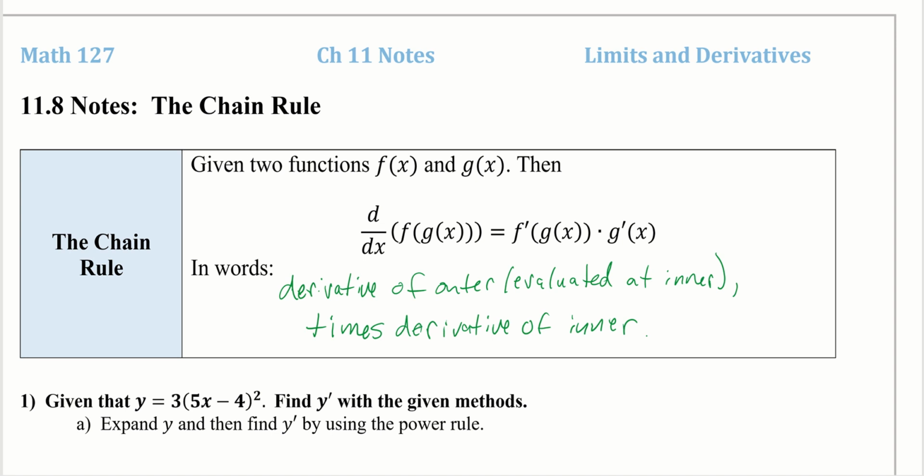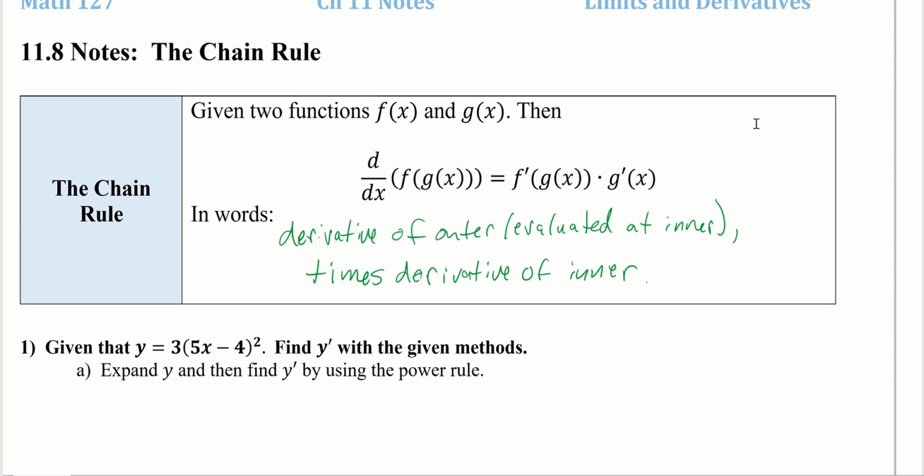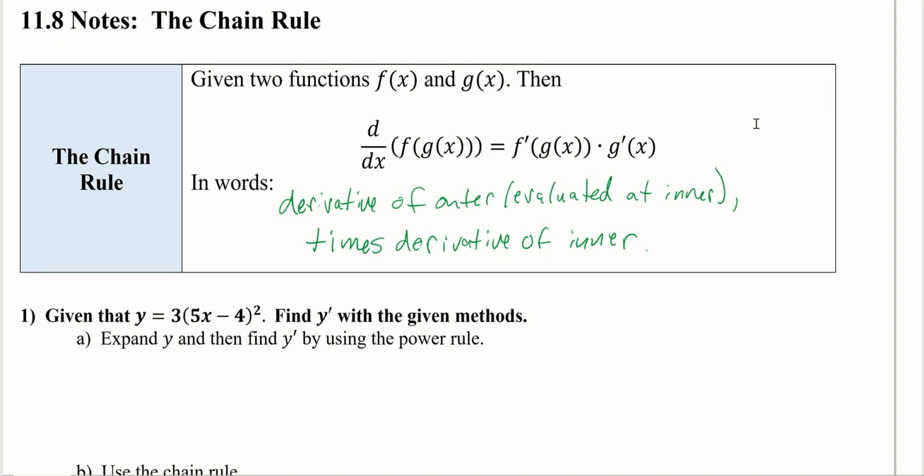So 11.8 is the chain rule, okay? Our last rule for finding the derivative. The idea with the chain rule is we have two functions, one times the other.